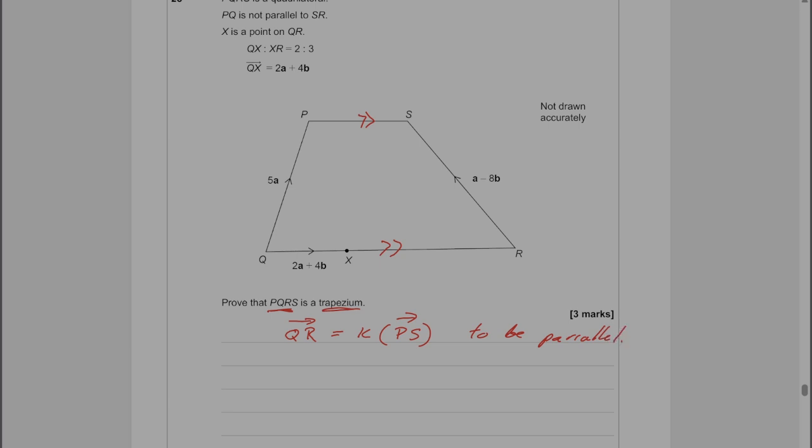And that's all we need to prove really for it to be a trapezium, because we're told these two aren't parallel, so they're not a parallelogram. Right, so I'm going to start by looking at Q to R.